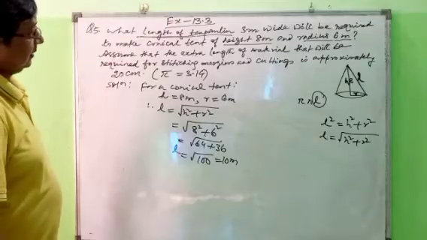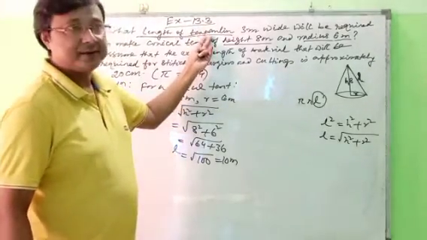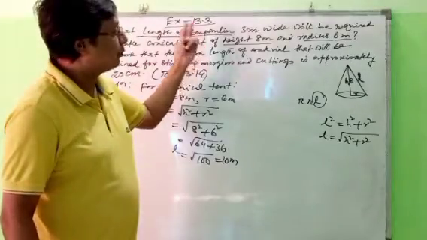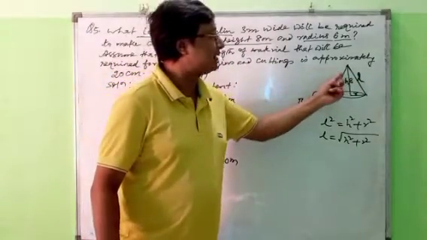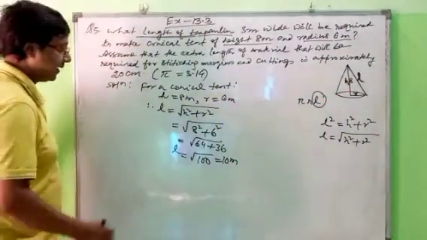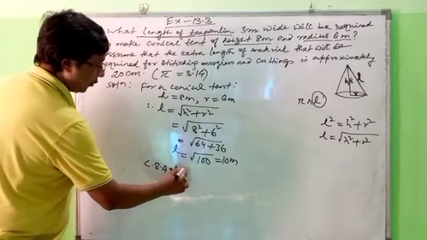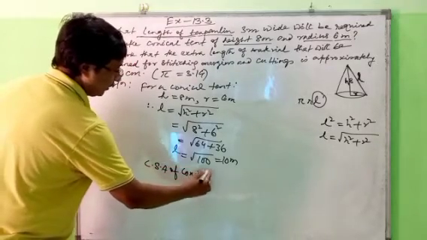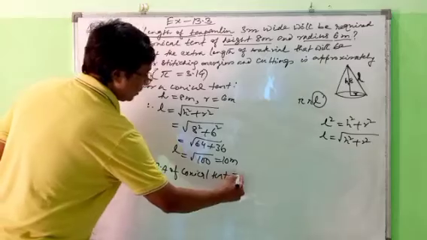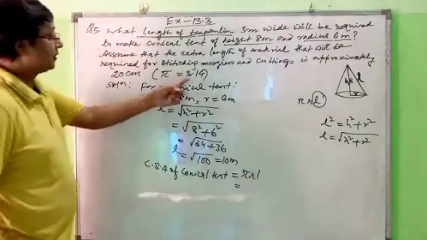Now the tarpaulin cloth shape is rectangular, and that cloth they have put on the curved surface part of this conical tent. So you are going to find out the curved surface area. Curved surface area of the conical tent equals pi r L. Here pi is given 3.14.